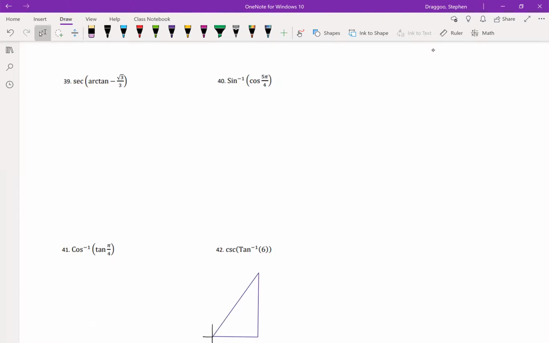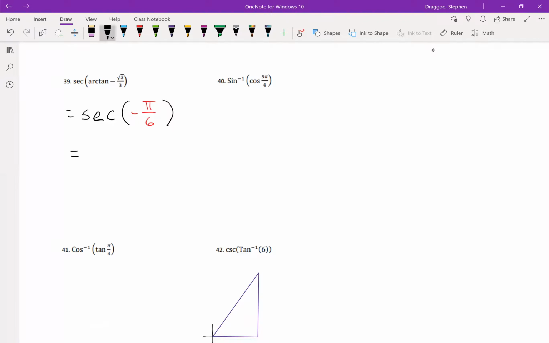Moving that along, we'll look at the secant of the arctangent of negative root 3 over 3. So the inverse tangent of negative root 3 over 3 should be negative pi over 6, since we're heading into that negative 4th quadrant. And then we just need the secant value at negative pi over 6.